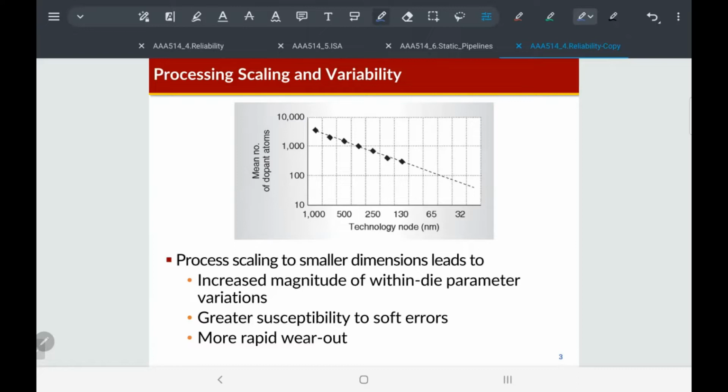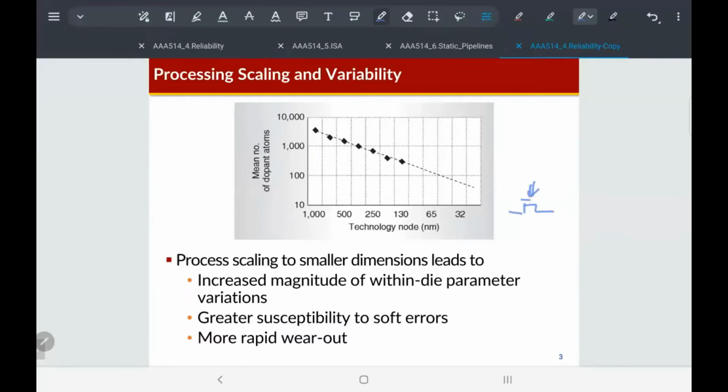That's another reason why the reliability issue is getting more critical for modern semiconductor technology nodes. Also, as I mentioned, transistor size is decreasing.